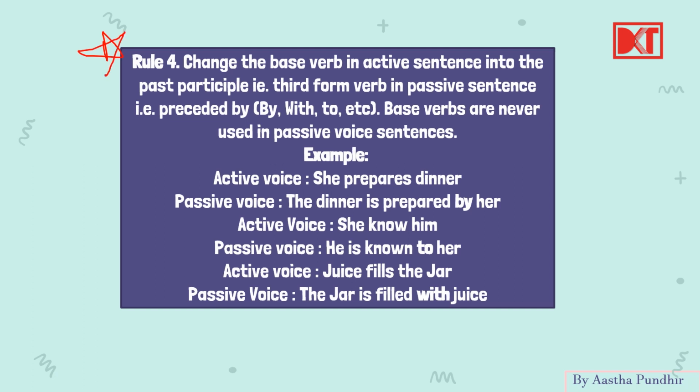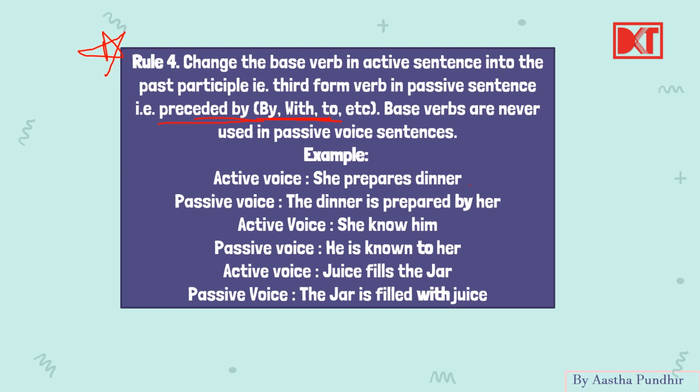You star mark this slide. Change the base verb in the active sentence into the past participle, मतलब third form of the verb in passive sentence, and it has to be preceded by by, with or to. So any of these words ये आएंगे. And base verbs are never used in passive voice sentences.